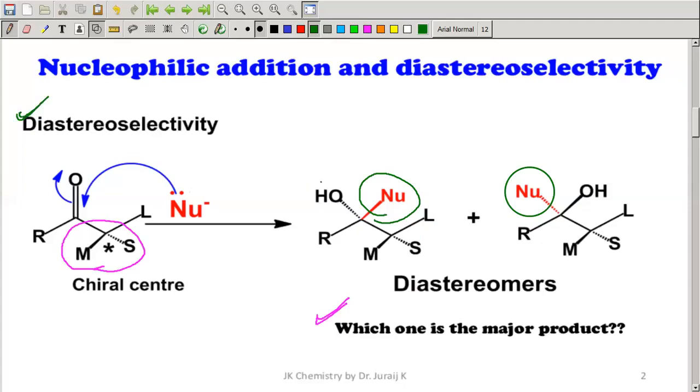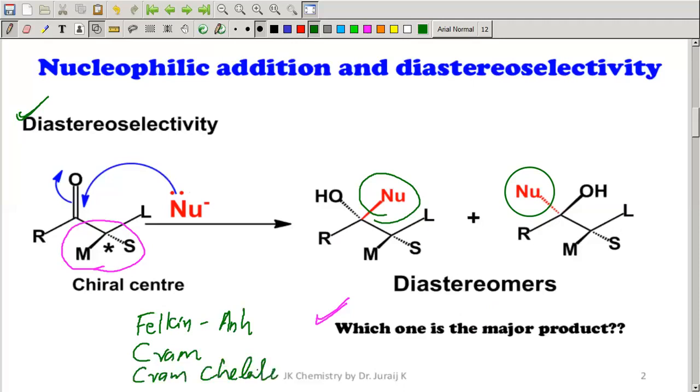Since the products are related as diastereomers, this is termed diastereoselective. So how will you identify the major product? For that, we apply the Felkin Anh model, the Cram model, and moreover, the Cram Chelate model.